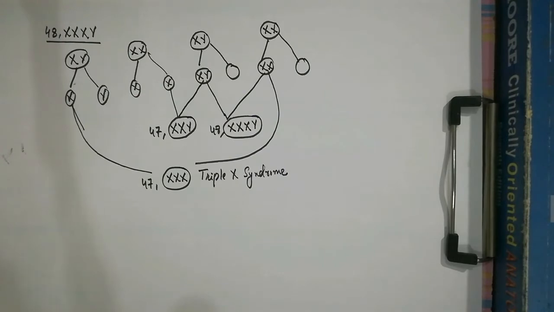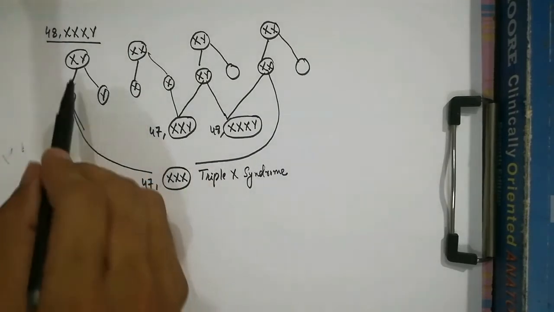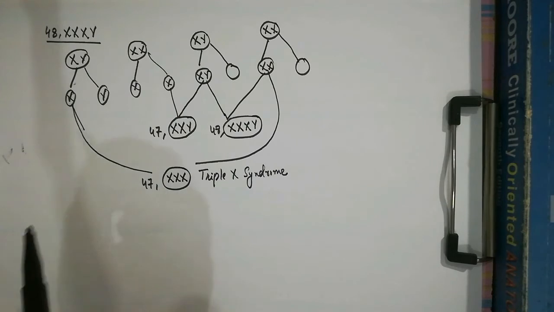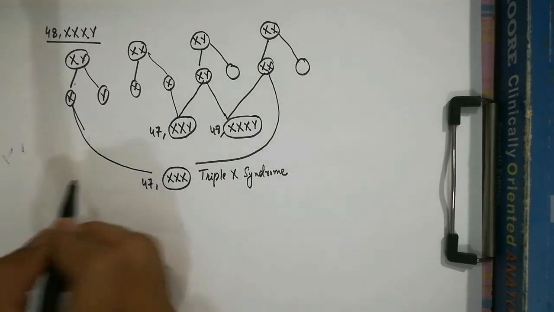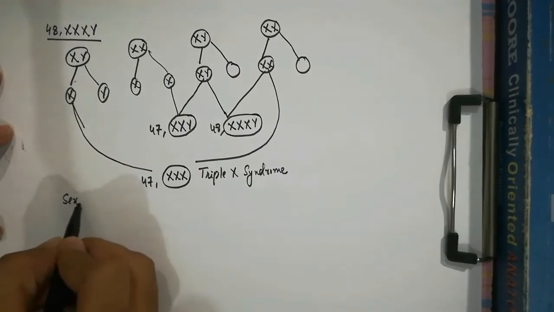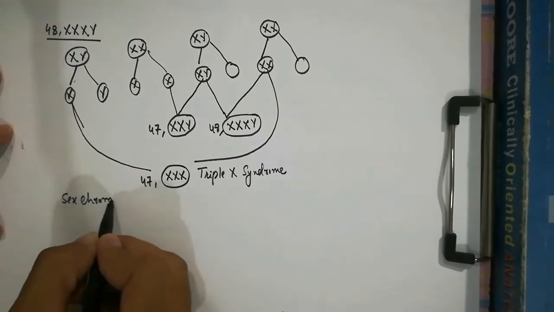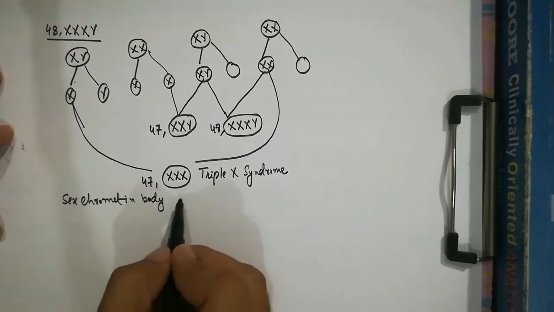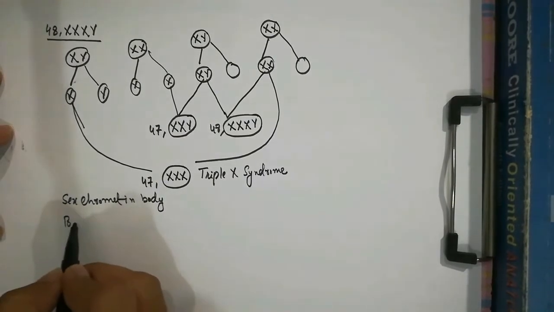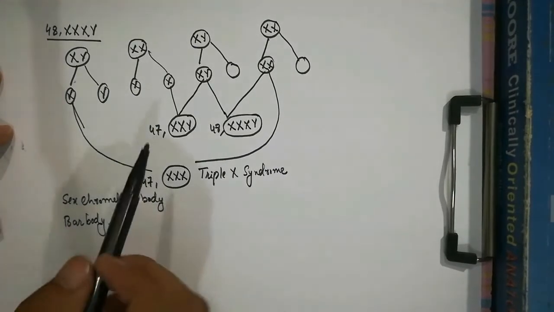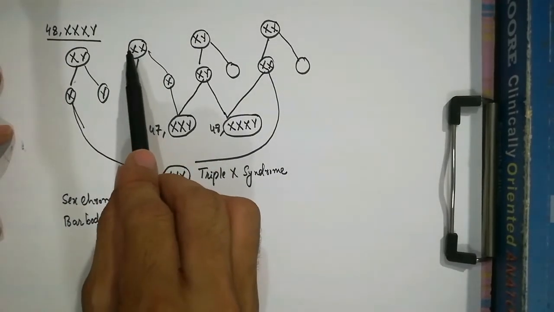Normally, out of the 2 X chromosomes in a female, one remains inactivated and condensed and is called sex chromatin body or bar body. Normally, only one chromosome remains active, the other remains inactive and condensed.